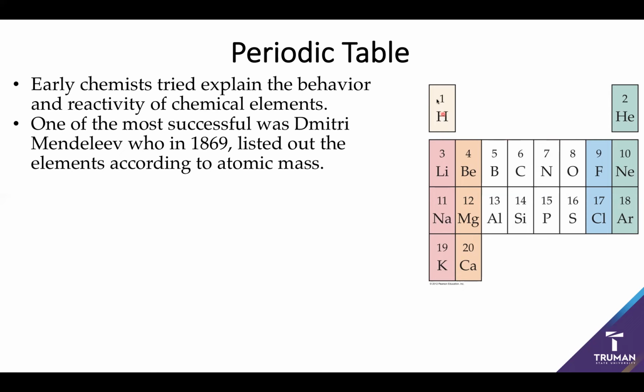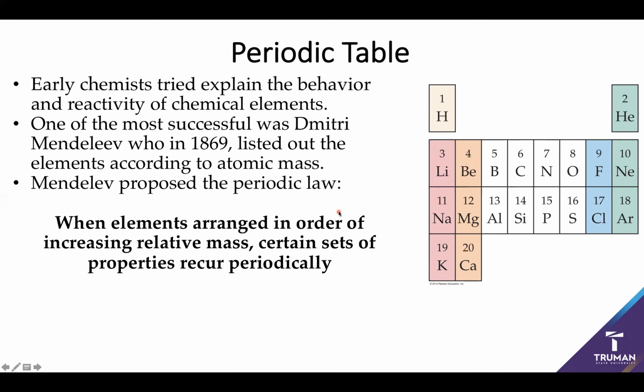And then he noticed that if you did so in certain regular repeating fashions, you would find certain patterns of reactivity. These patterns, which we now call columns, essentially have similar behavior. He phrased this as: when chemical elements are arranged in order of increasing relative masses, certain sets of properties reoccur periodically. And thus it became the periodic table.